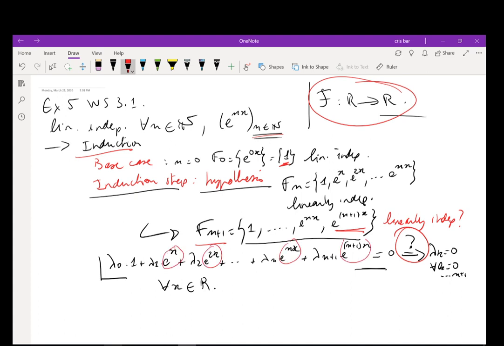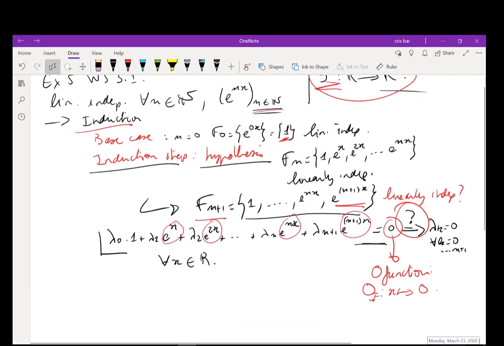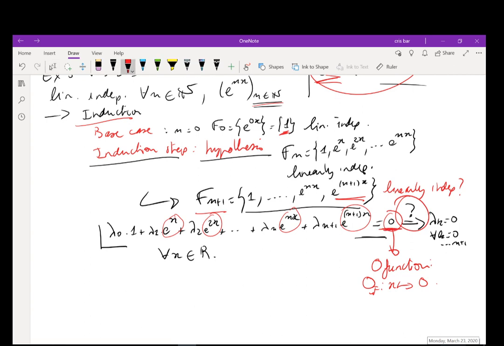And so the 0 that I've got here is actually the 0 function, the zero of my vector space. The zero function is the function that for all x in R associates the value 0. That's the zero we mean every time we're talking about linear independence. So this equality is supposed to be true for all x in R because that's equal to the zero function of R.